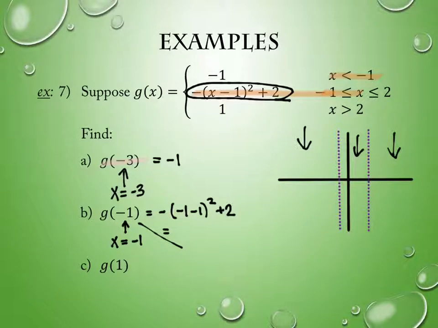So what will the inside of the parentheses become? Yeah, -2, actually, right? So I have negative, and then I have -2 squared plus 2. I'll square next. So what's -2 squared? 4. So this negative at the beginning is still there. And then I have 4, and then plus 2, which gives me what? Yeah, -2.